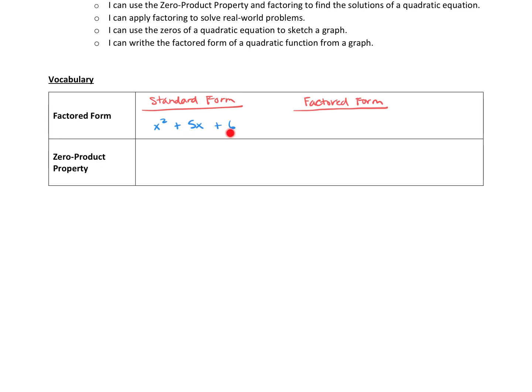So our factors of 6 are 1 and 6, or 2 and 3. The 2 and the 3 are the two that add up to 5. So factored form is the x plus 2 times the x plus 3. So standard form, and then when we take that same standard form and factor it, now we have what we're calling factored form.